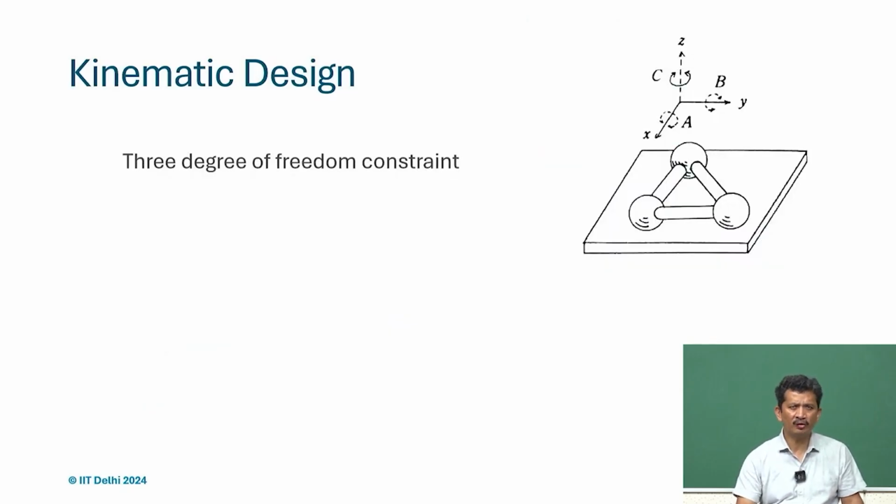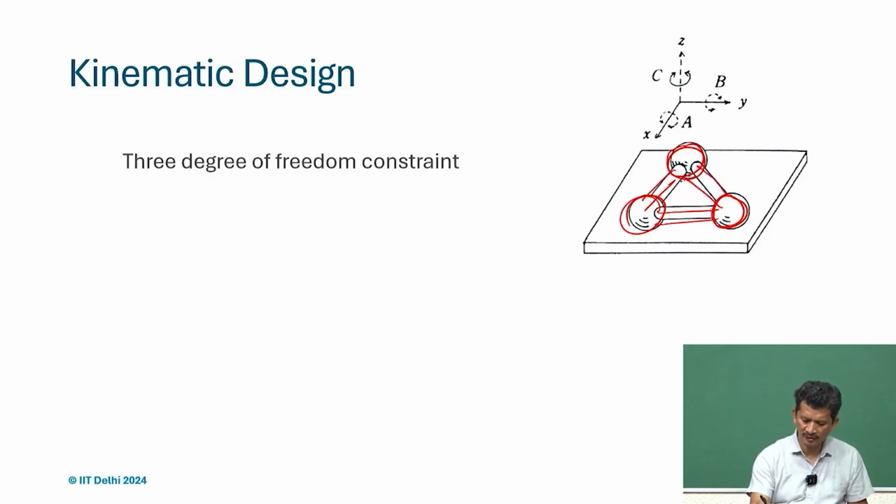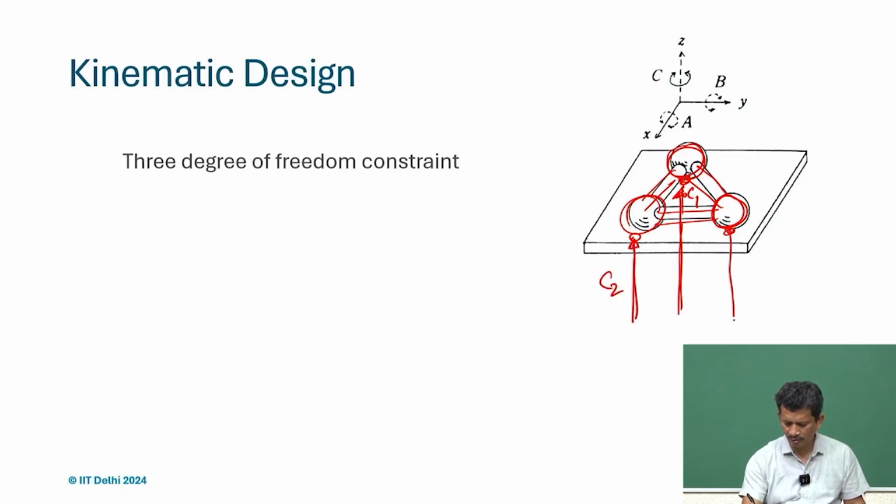If we extend the same concept and now we connect 3 spherical balls rigidly. So, we made a connection and we connect them. So, what happens in this case? We have now suppose C1 here, C2 and C3.